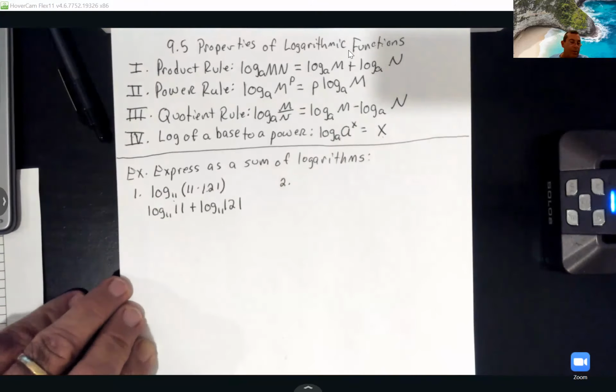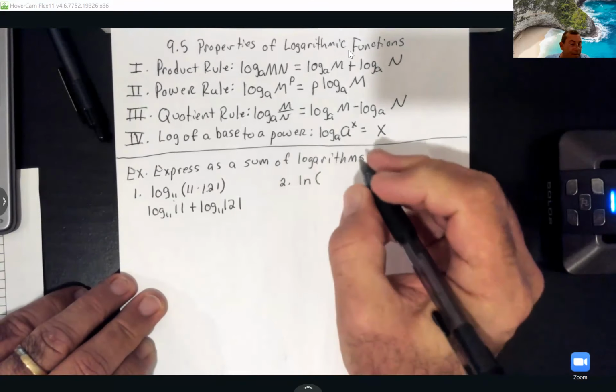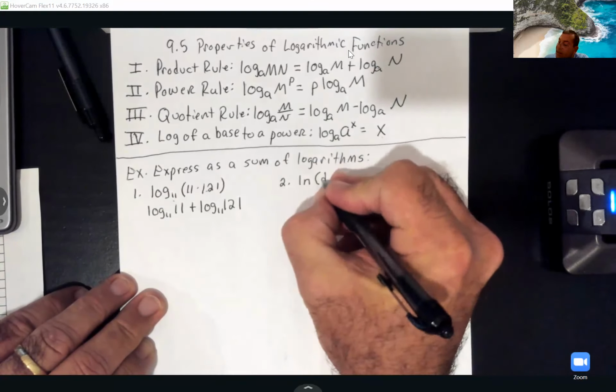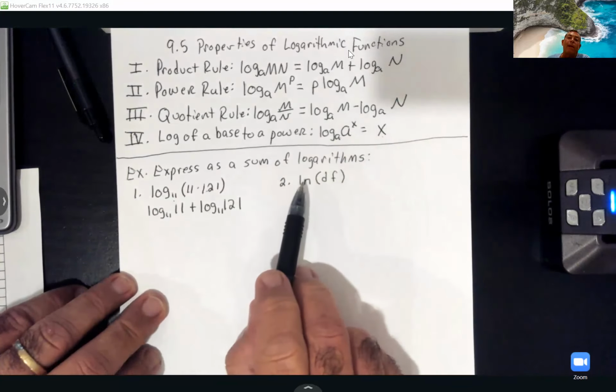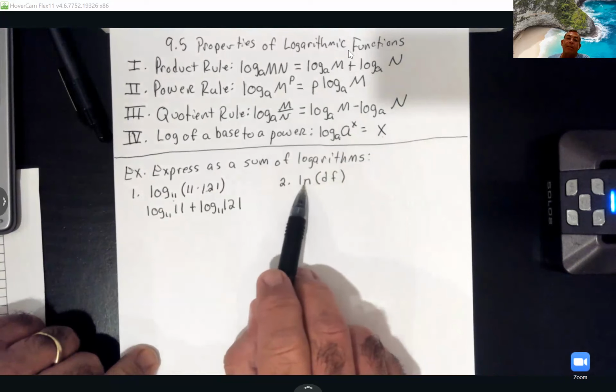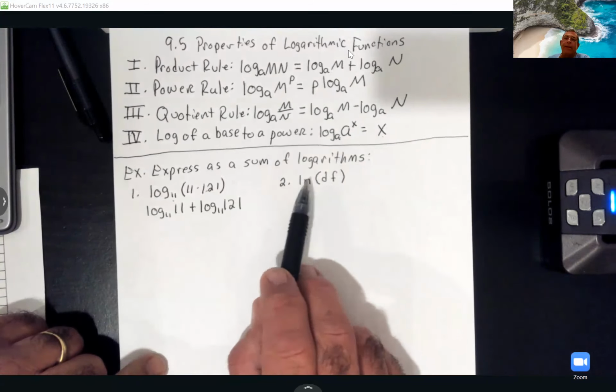Hey, also number two is a ln of d times f. Now, y'all, I've been having people have issues putting these answers in, but that is the ln, not an in, okay? So remember, ln.